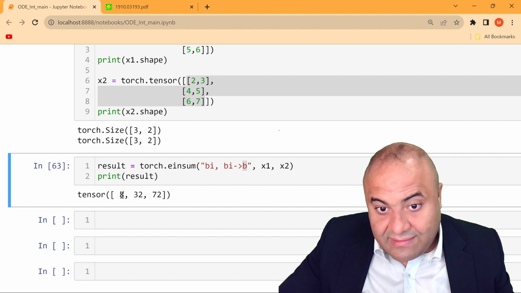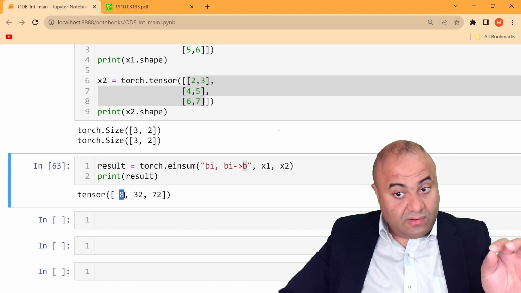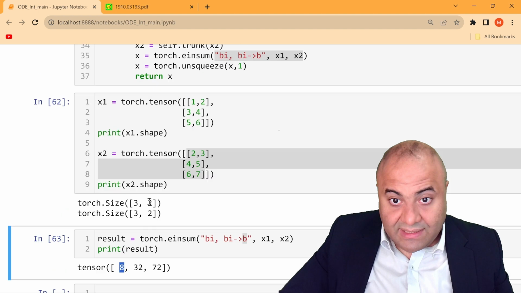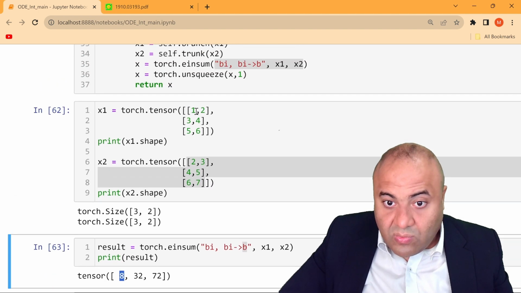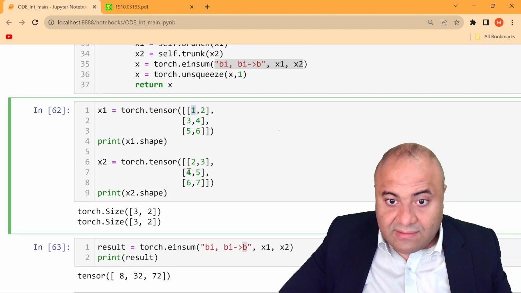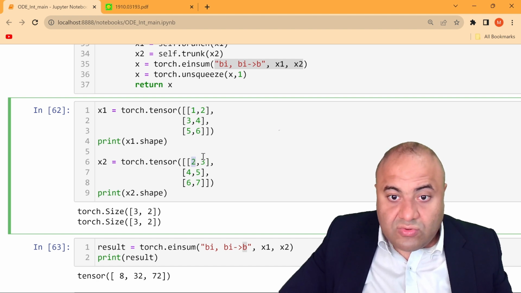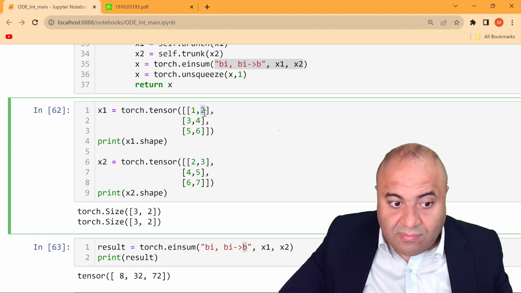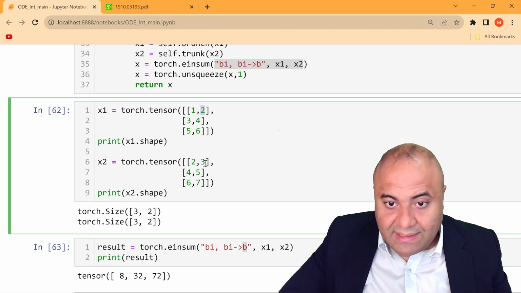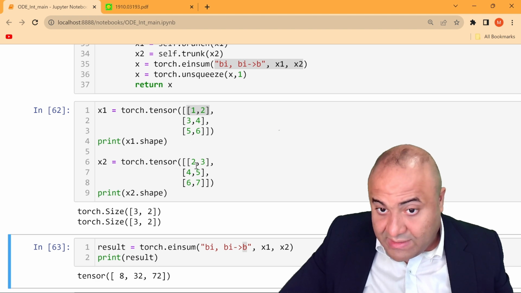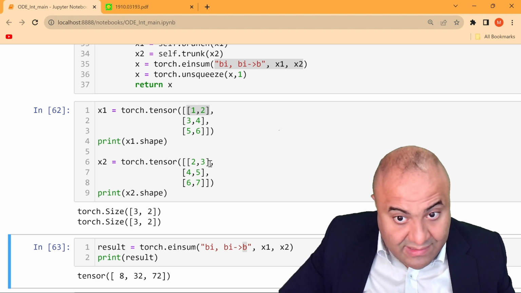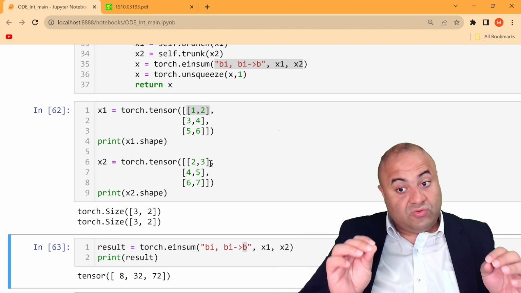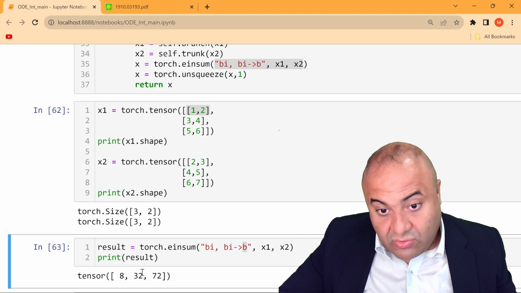So how can you calculate these numbers? We calculate by first multiplying 1 by 2, plus 2 multiplied by 3, and this results in 8. 1 multiplied by 2 is 2, 2 multiplied by 3 is 6, 6 plus 2 is 8. So here is 8.